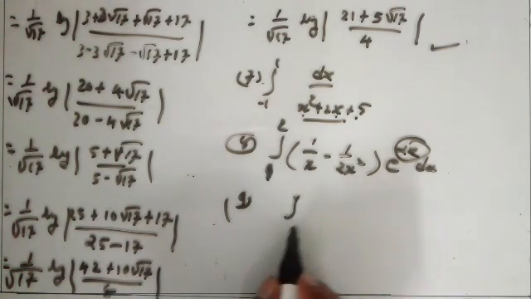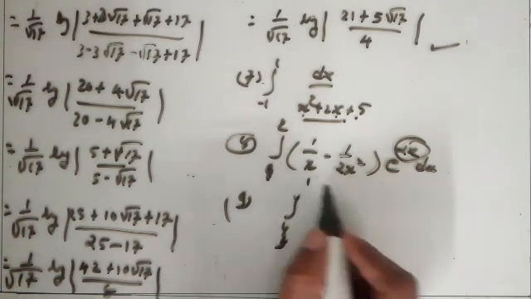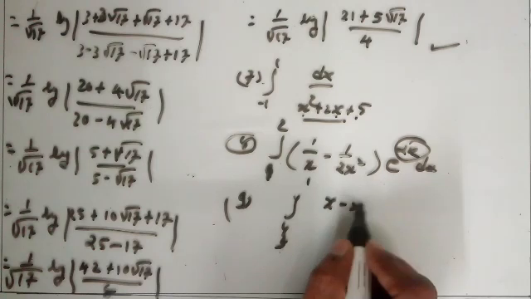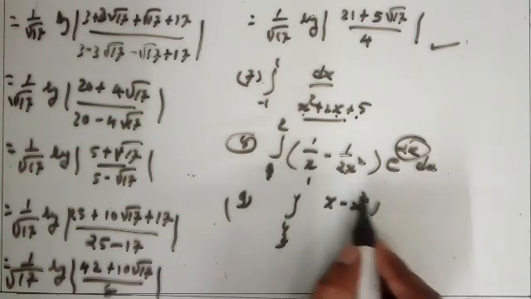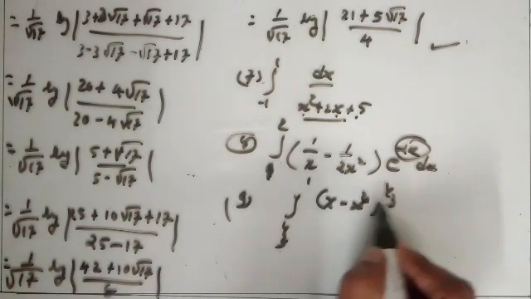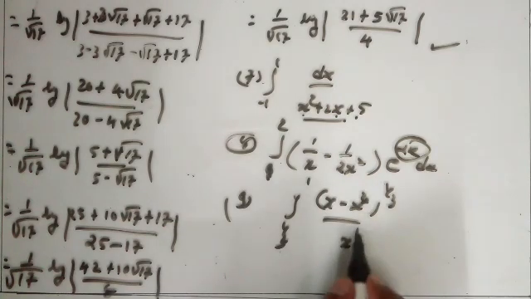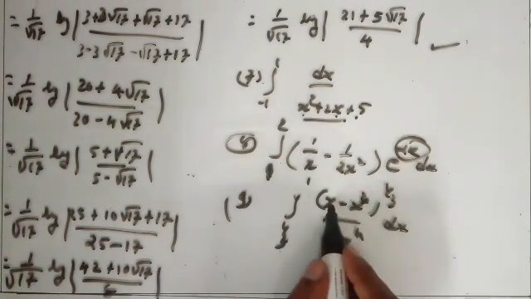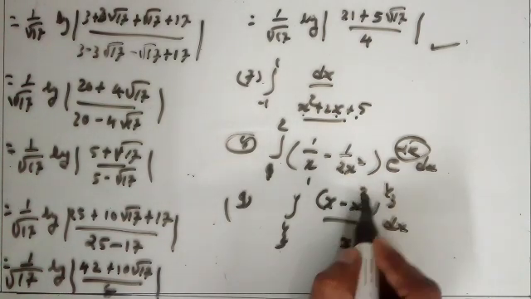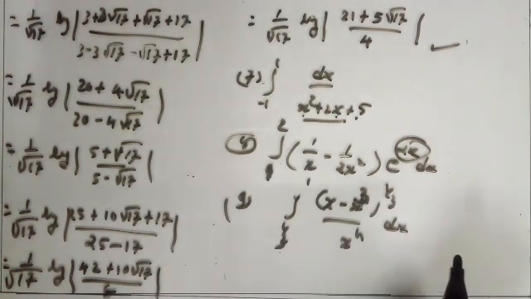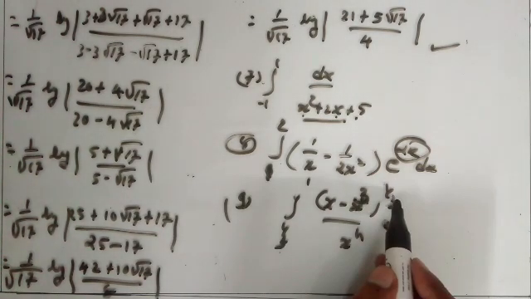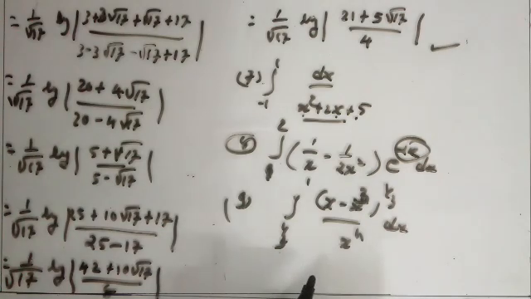Find the value of integral from 1 upon 3 to 1 of (x minus x cube) raised to 1 by 3 upon x raised to 4 dx. Here x minus x cube is equal to, suppose, t raised to 3, and simplify this, get the answer. Okay.